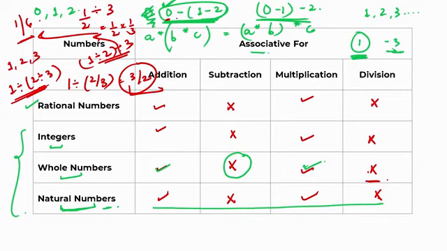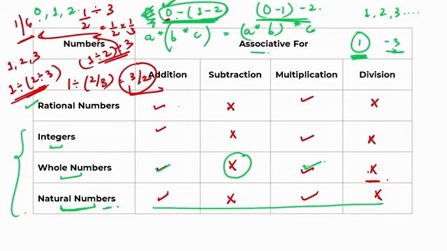This means that whenever you need to prove that an equation is true, you need to prove it for all the examples possible across the board. Whereas whenever you need to prove that something does not follow the rule, then only one example is enough to prove that it's not okay.